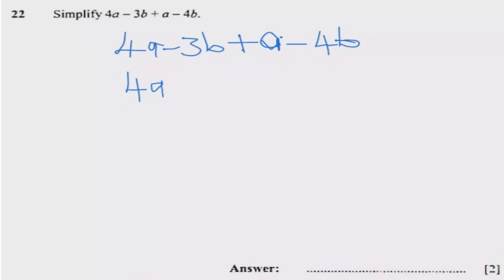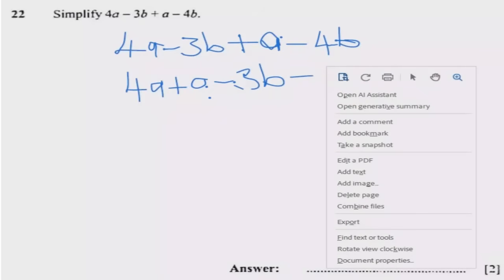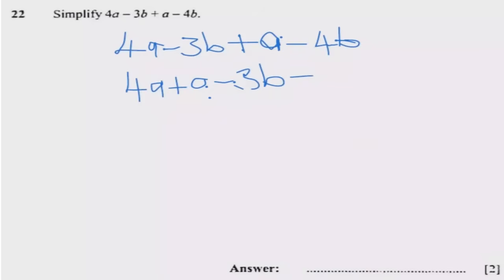So we have 4a plus a, minus 3b, then minus 4b, like that.